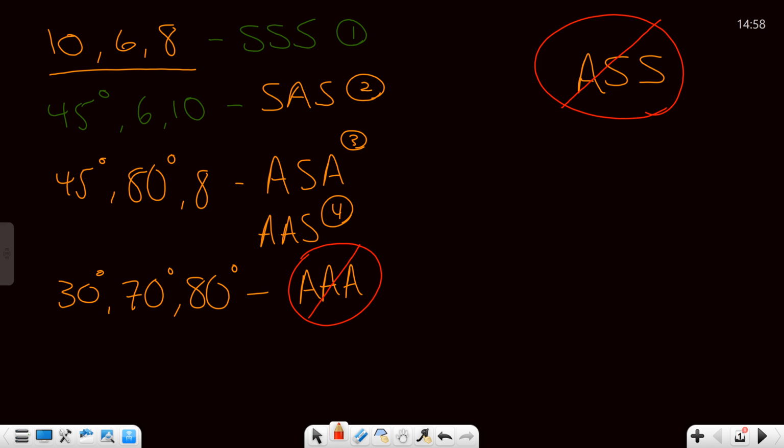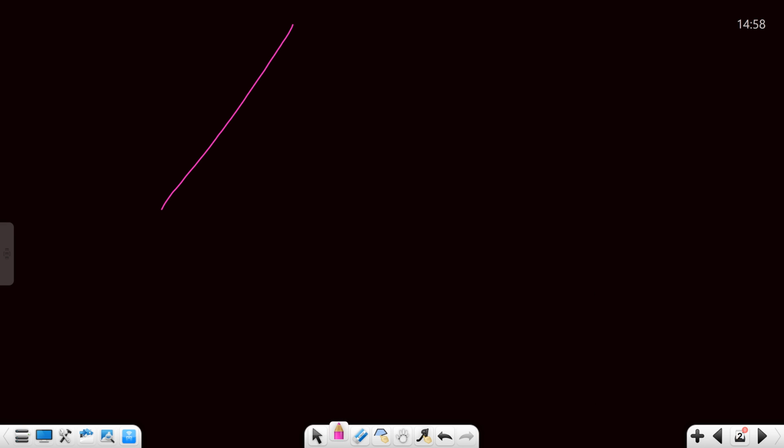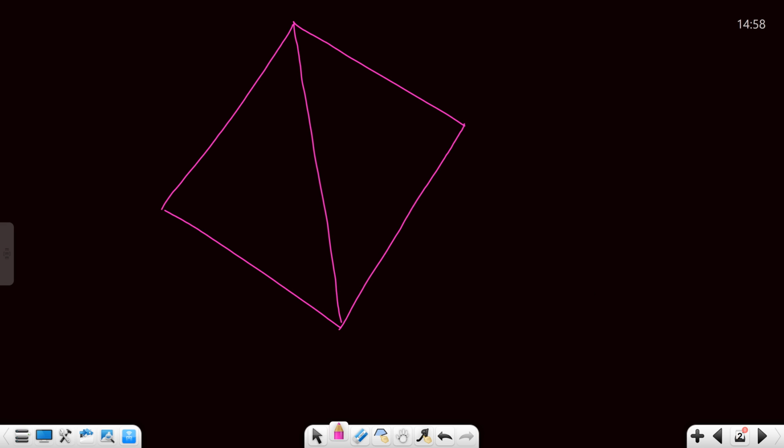So far we have 4 different ways to prove triangles are congruent. Okay, so now we start looking at how we can apply this.